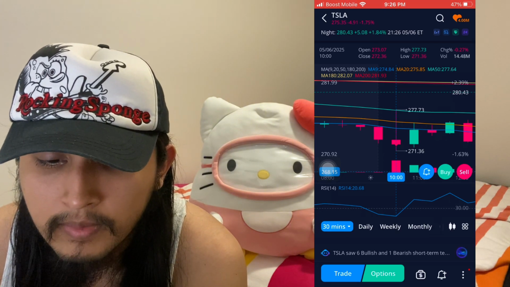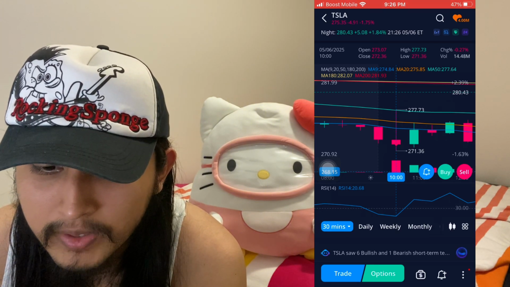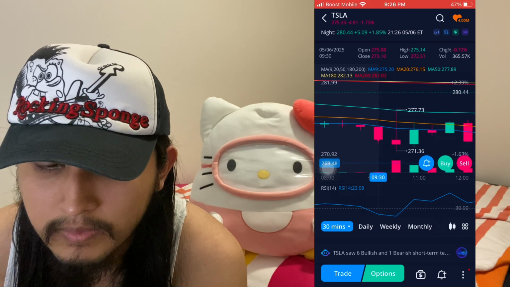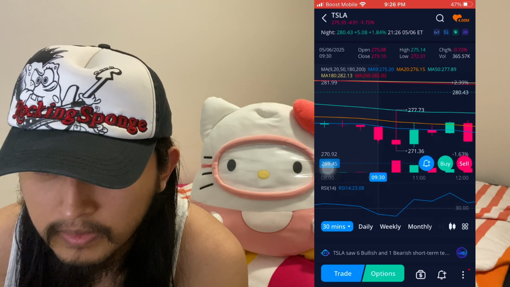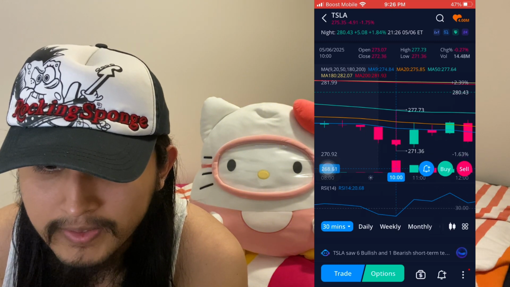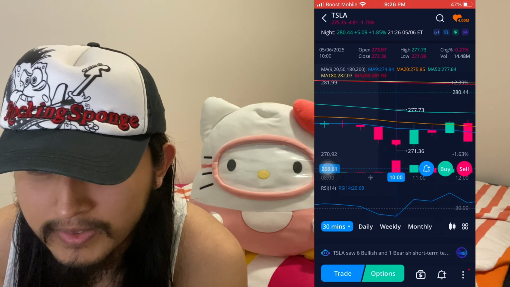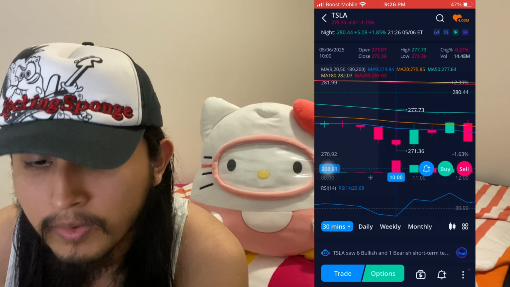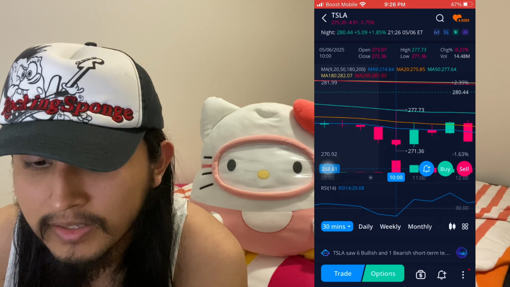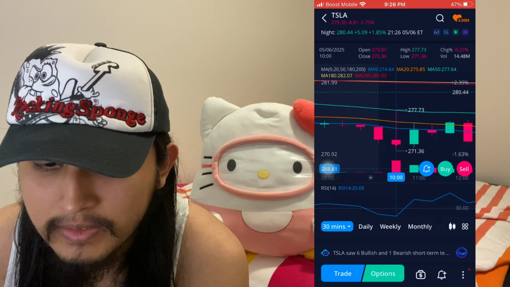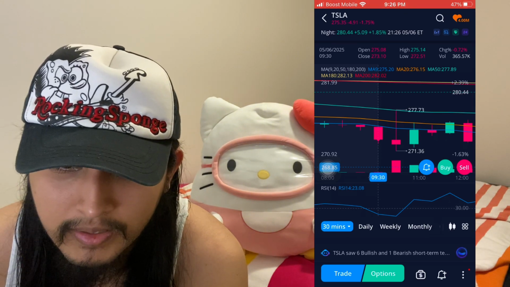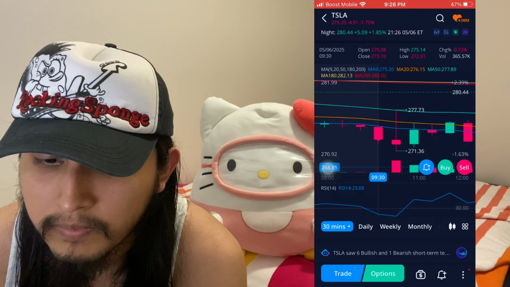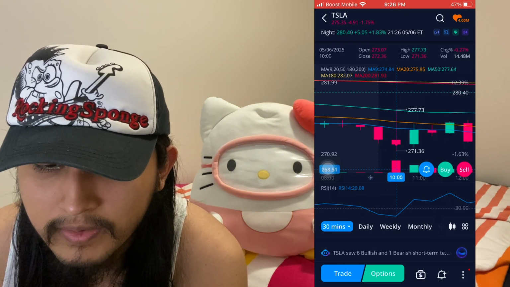I was like, okay, let me see if it can reach this previous pre-market low of 272.51, right? When I saw that this candle got rejected by the 50-day moving average and broke through the 20 and 9-day moving average, I was like, let's see if it can approach this previous low of the 930 candle's low of 272.51, somewhere around there.